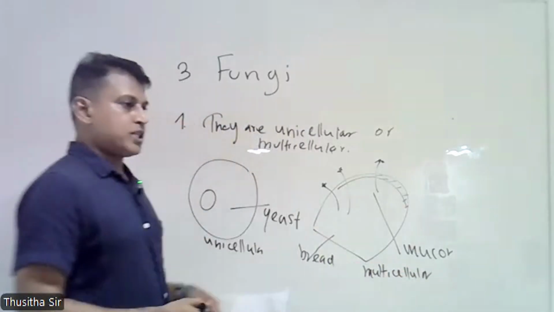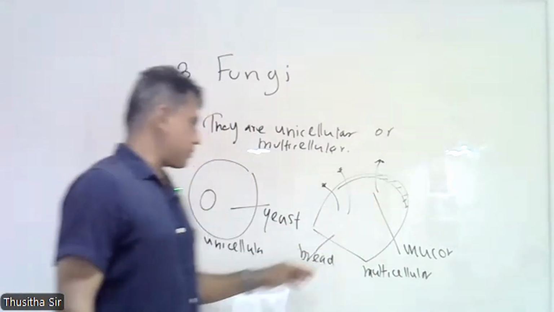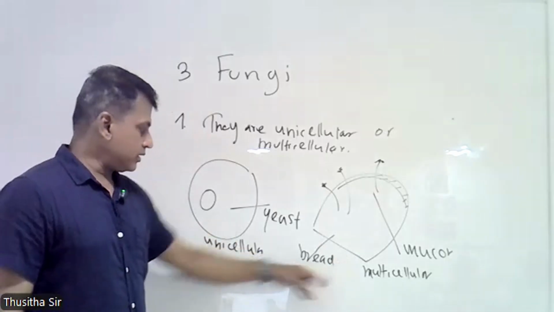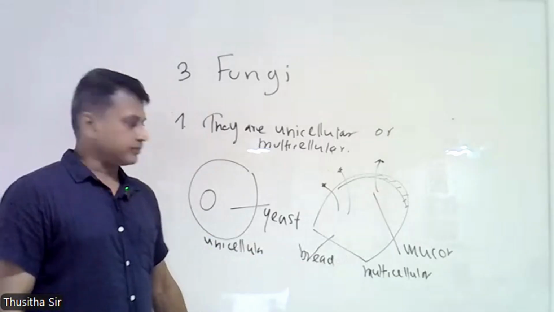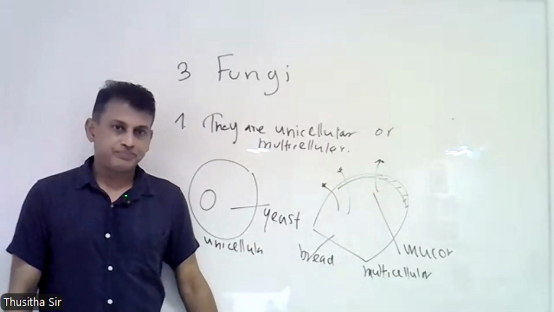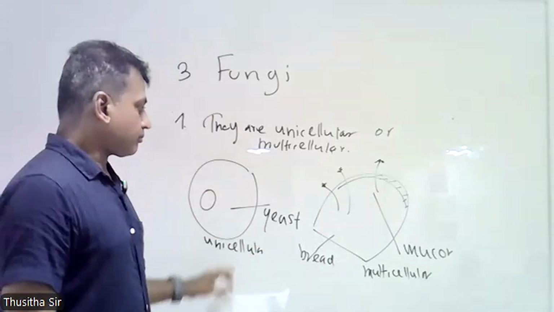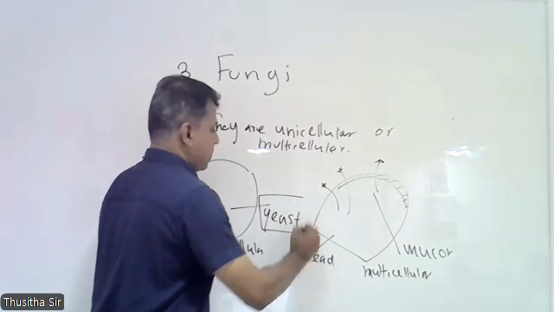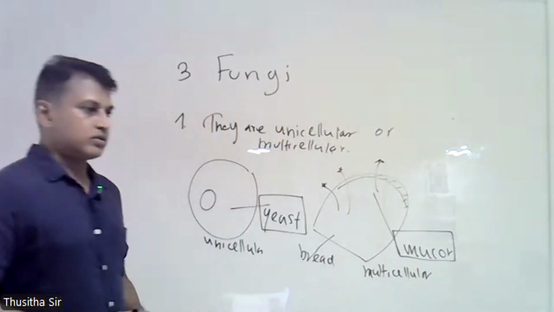Can you draw this picture under point 1? Mucor is a fungus. Usually they grow on rotten bread or old bread, and yeast cell is the unicellular. Yeast is unicellular. Mucor is multicellular. The name of the fungus is very important to remember: mucor.